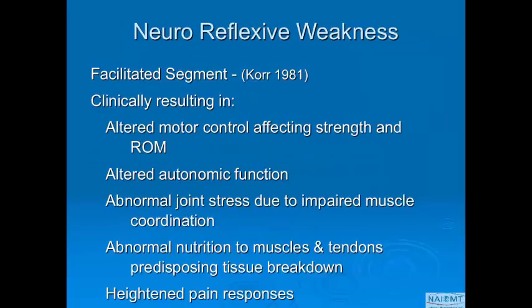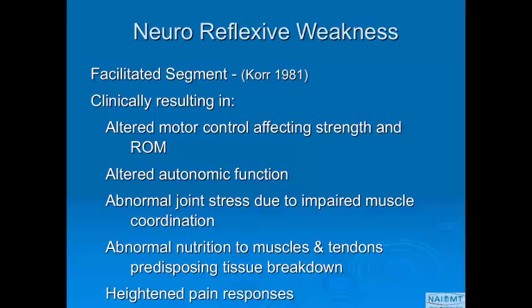The facilitated segment is something we talk about more extensively later in the curriculum. It's an osteopathic term. One of its original researchers was Irvin Korr. They describe a phenomenon where there is altered motor control affecting certain muscles and their ability to produce a contraction. They will often be found to be non-fatigably weak.